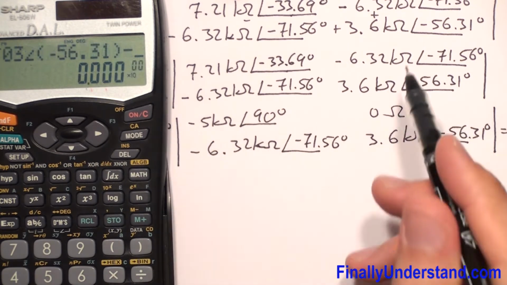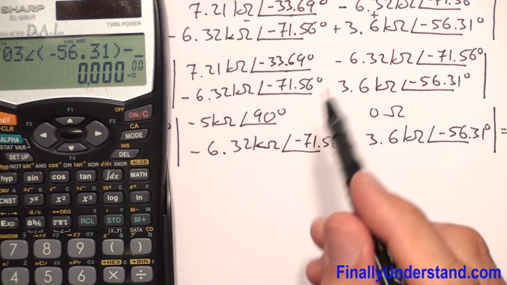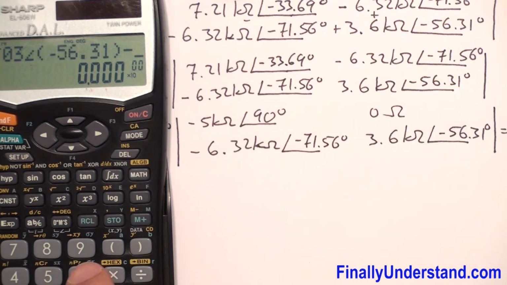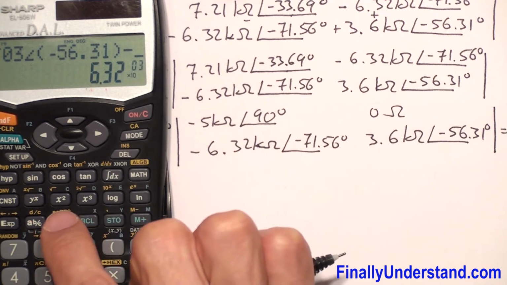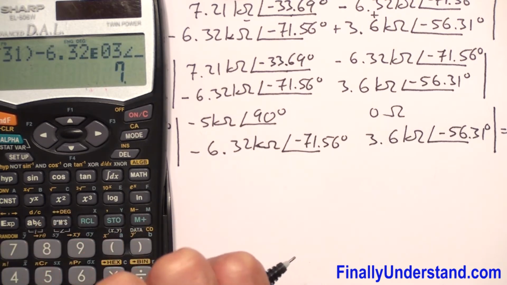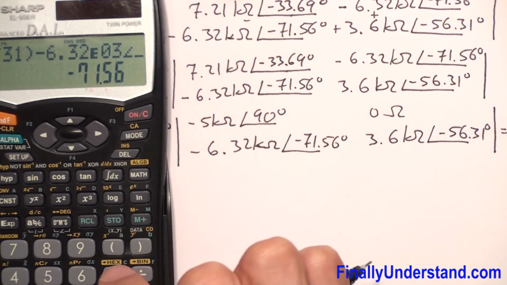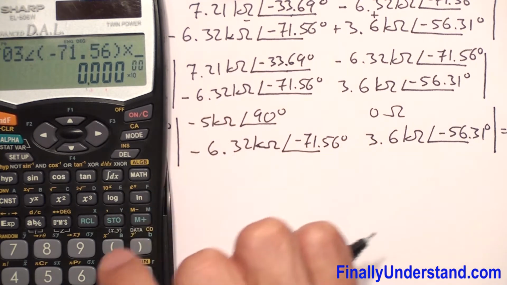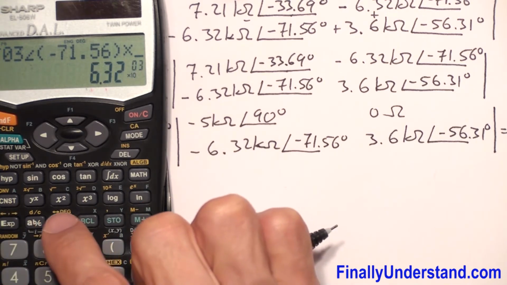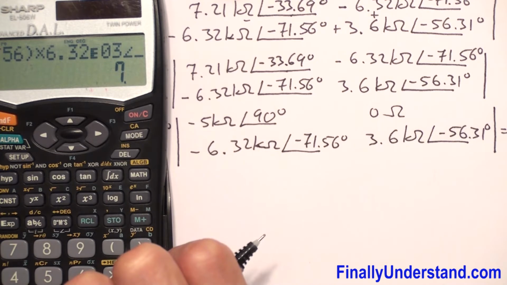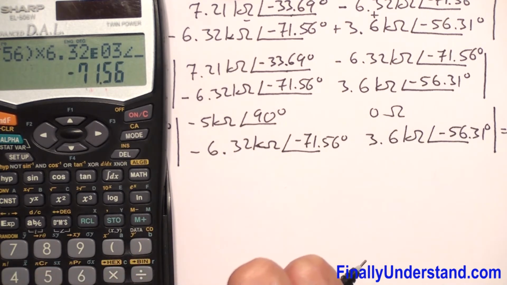minus. Negative times negative will give me positive, so I just simply subtract 6.32 exponent 3 and angle of negative 71.56 times 6.32 exponent 3 and angle of negative 71.56, press equal.